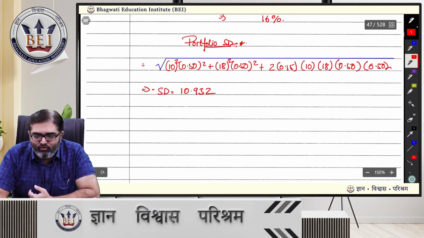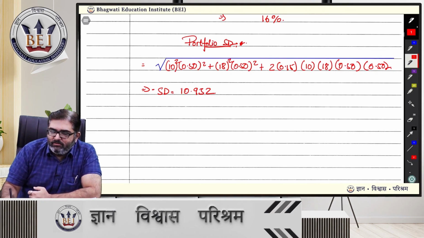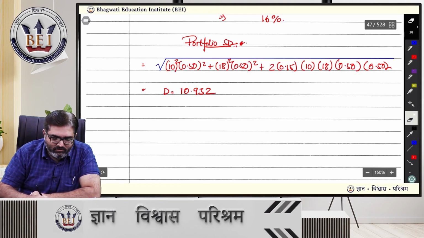SD of the portfolio which is an equal mix of B and D shares, right.